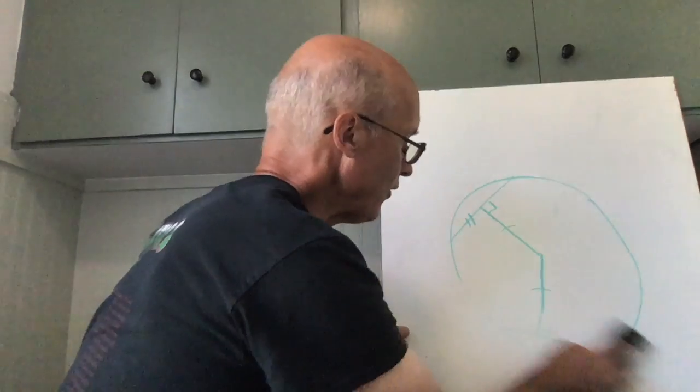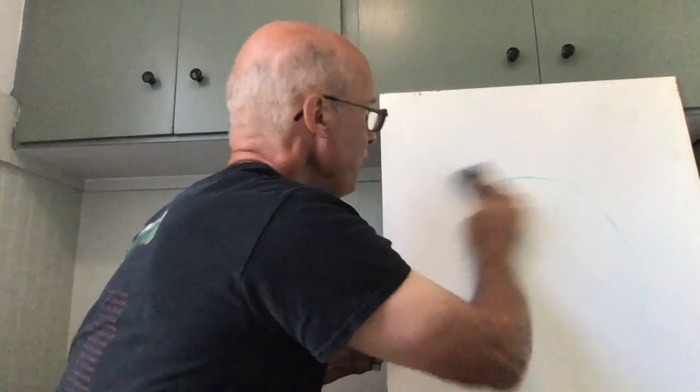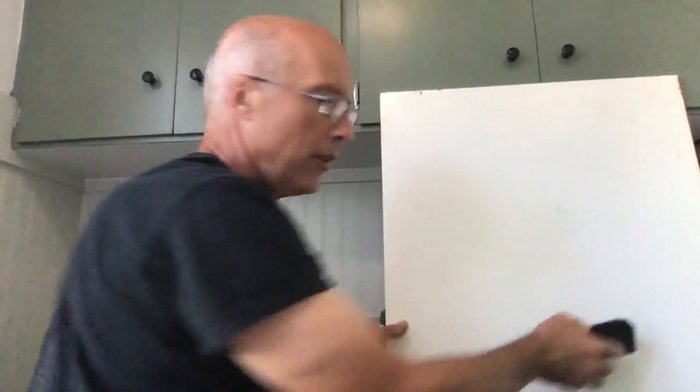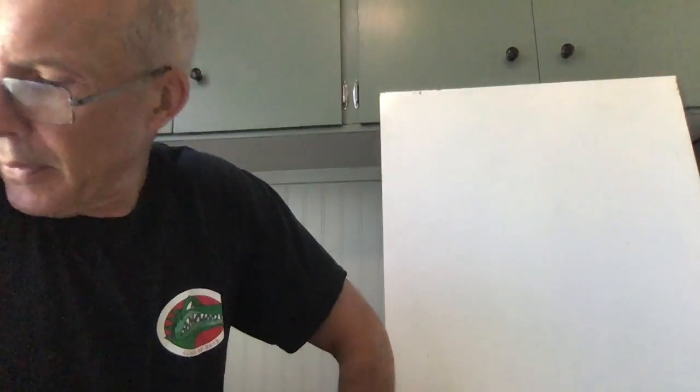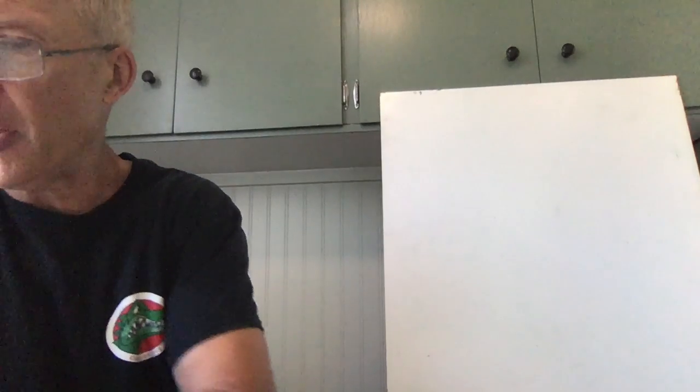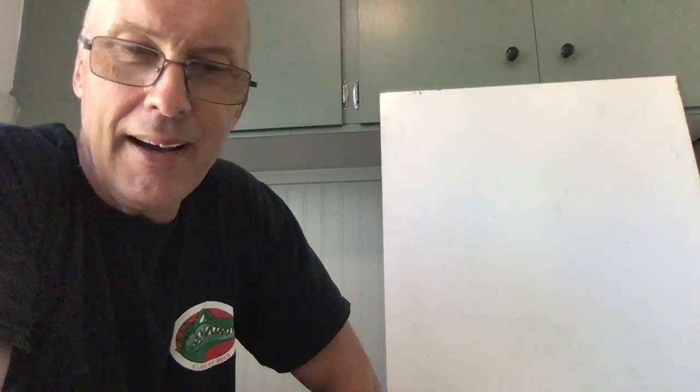To top things off, as if you haven't learned enough today, you've learned more than the price of admission. But I'm going to show you a quick construction. And I have searched the house, and I must have left my compass at school, so I'm going to do kind of a fakey construction, okay?